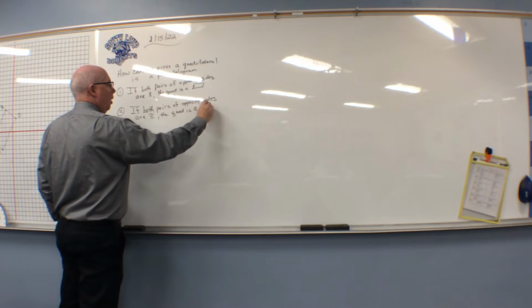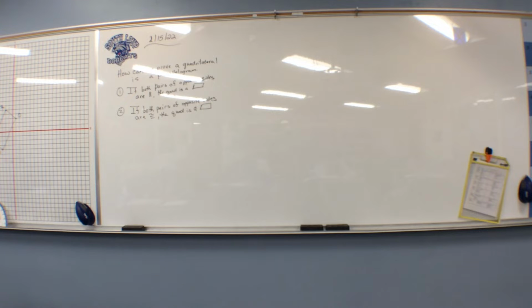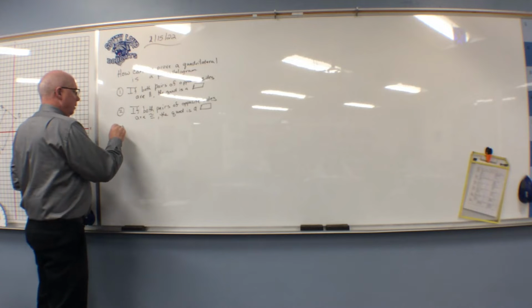You understand that quad is an abbreviation for quadrilateral, the 4-sided figure. So it has to be both pairs, correct? Okay, so that's the second one. You okay? Okay. 3.